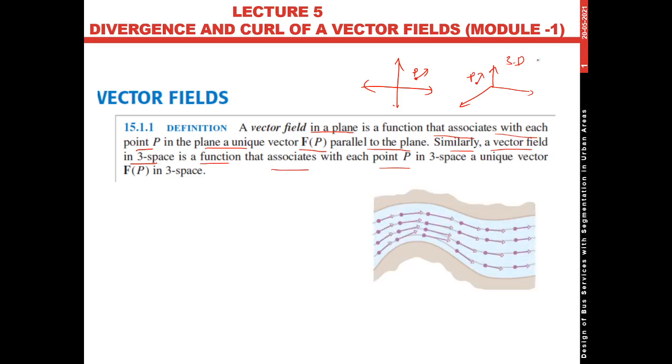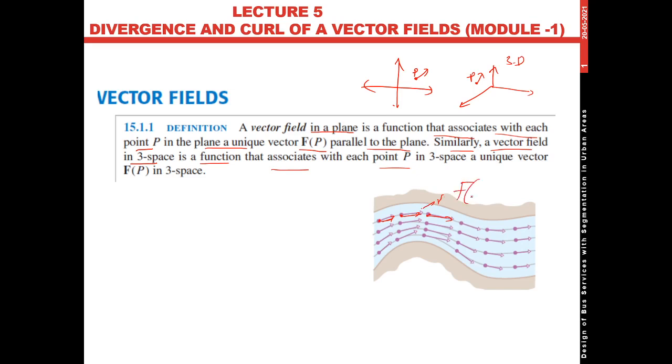For example, if we consider water flowing through a stream, and we take the first layer of water, for each point of water, that means each molecule, we can take the velocity at that point. Then for each point there will be a velocity, and we associate each point with that velocity.